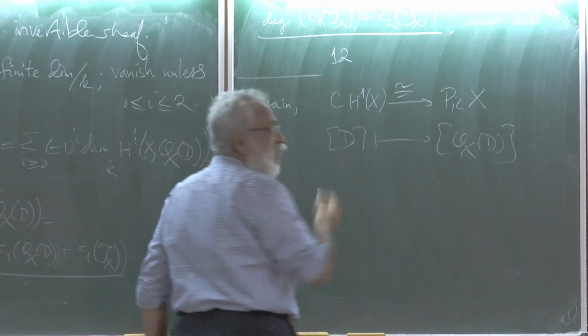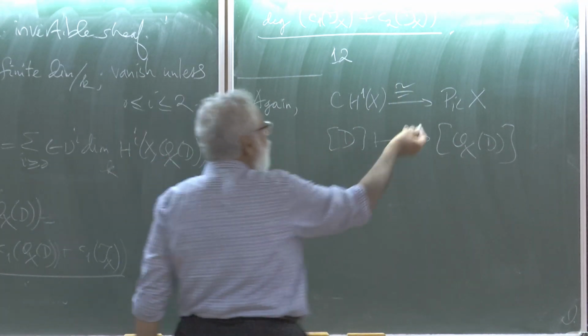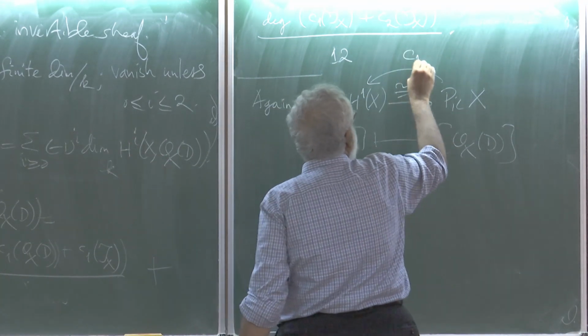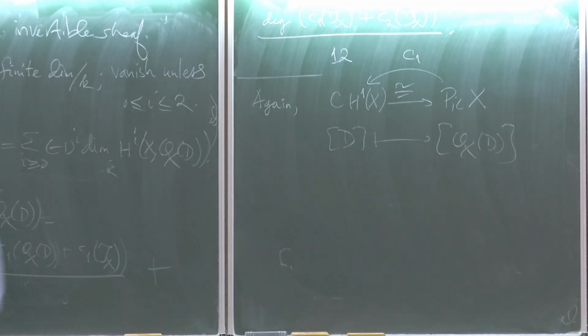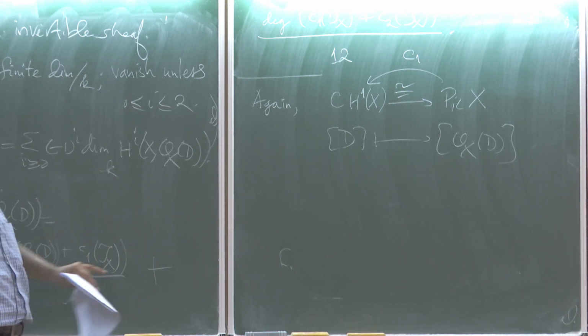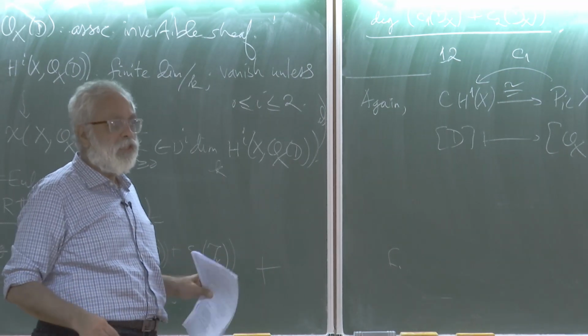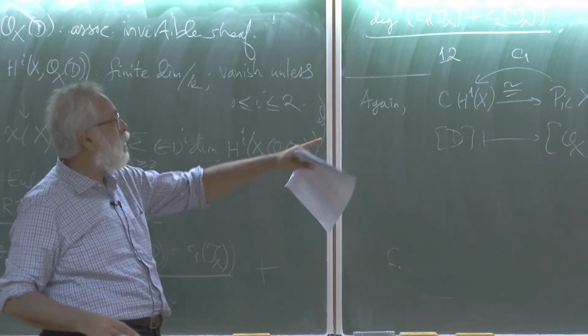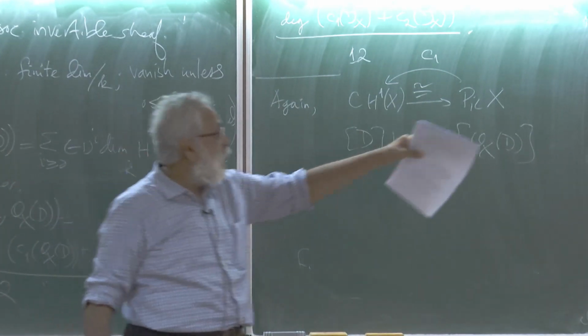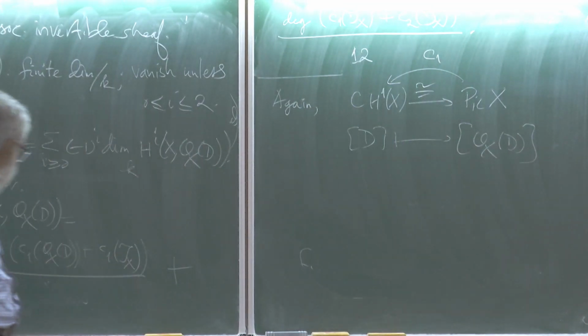And the assertion is this is an isomorphism. So of course there's an isomorphism the other way, and this inverse isomorphism I call C1. It has the same description as before: given an invertible sheaf, it's possible to find some divisor D such that the invertible sheaf is isomorphic to O_X(D), and the class of that D in Chow^1 is well defined. So that's the so-called first Chern class.